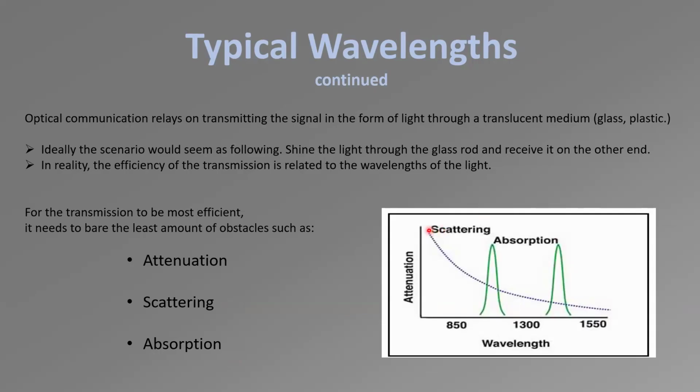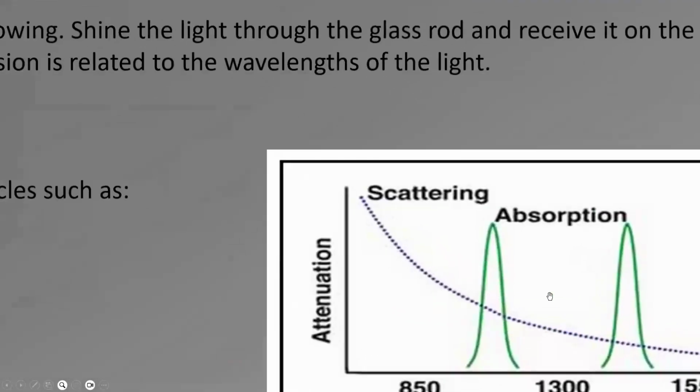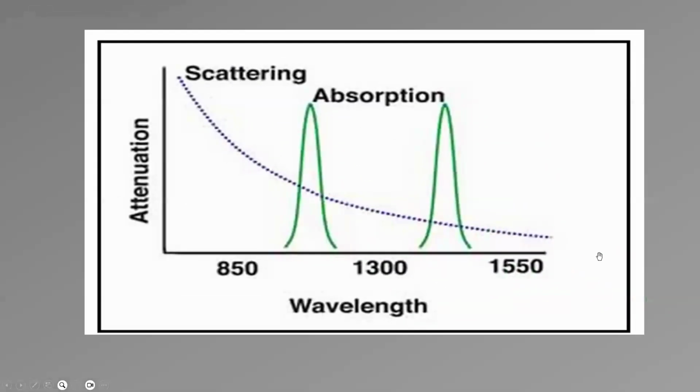Now, here is the scattering effect. The attenuation, scattering, and absorption in one graph. Here are the wavelengths: 850 nanometers, 1300 nanometers, 1550 nanometers.